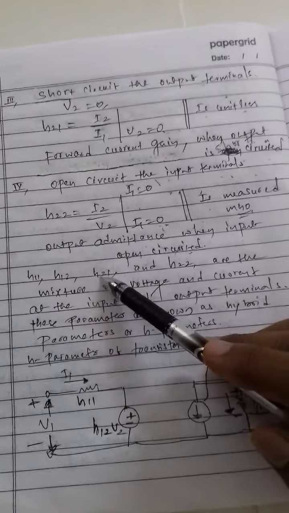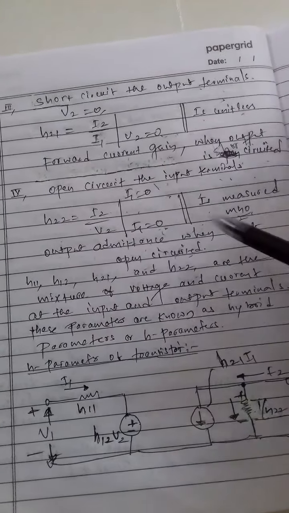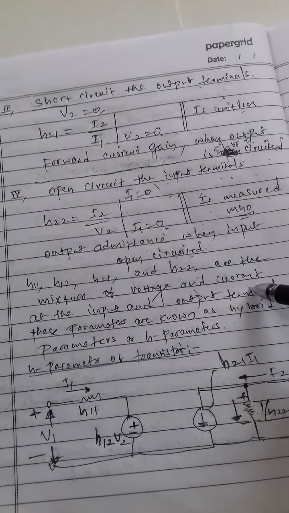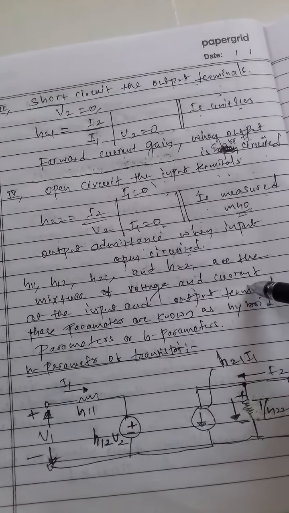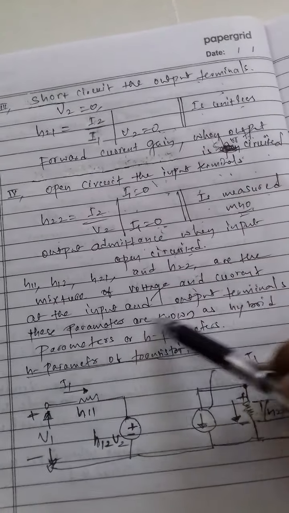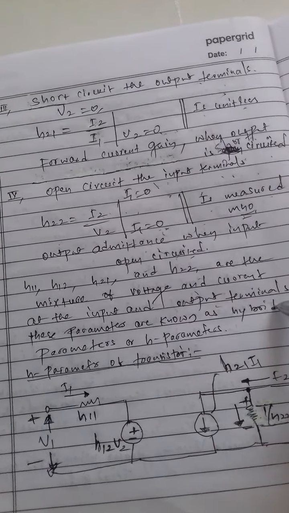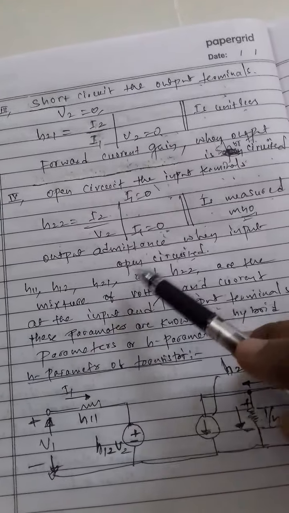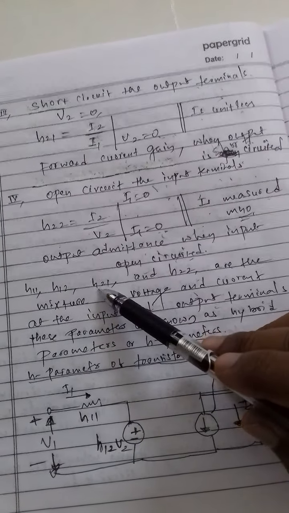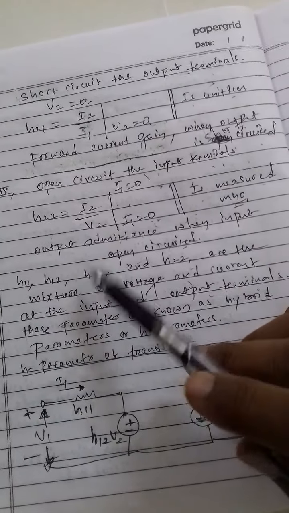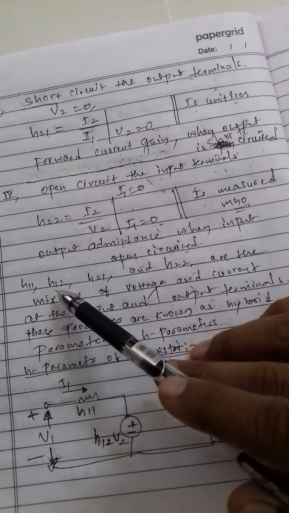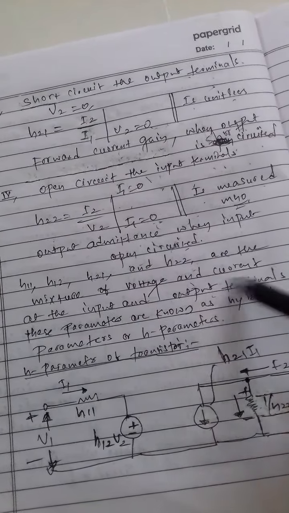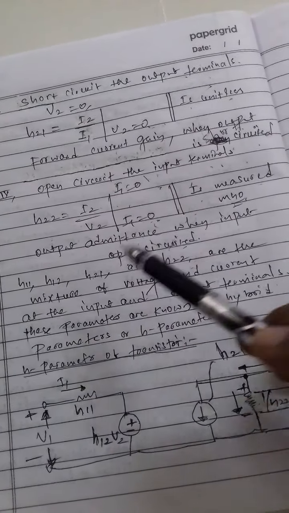H11, H12, H21 and H22 are a mixture of voltage and current at the input and output terminals.